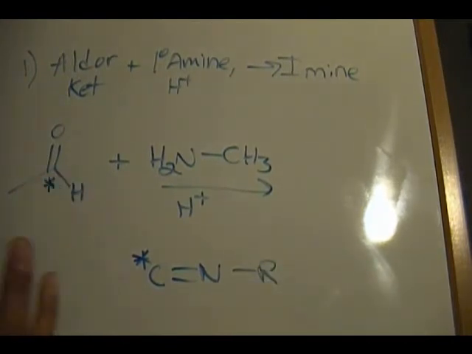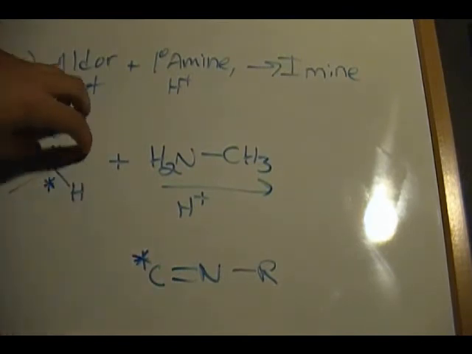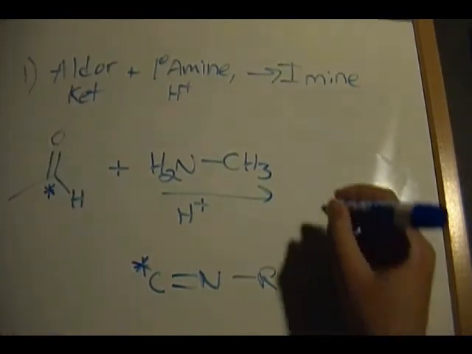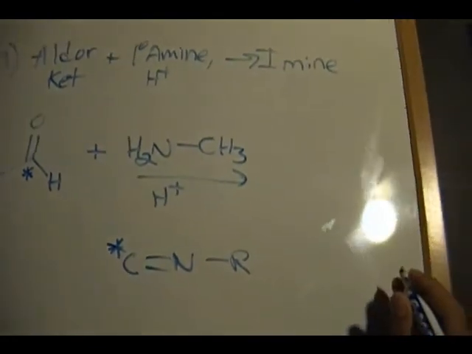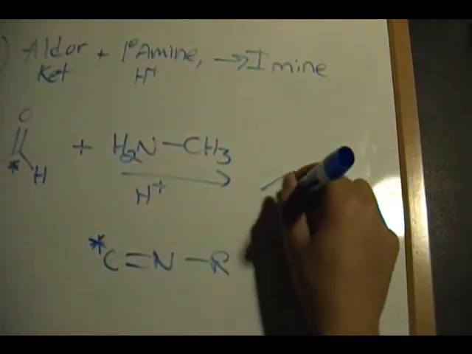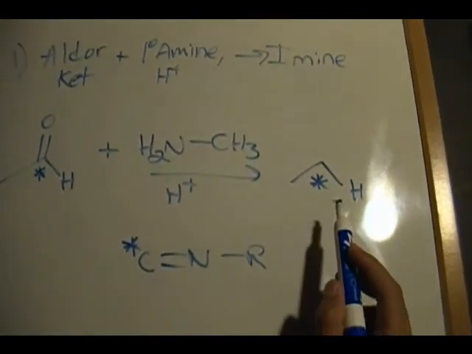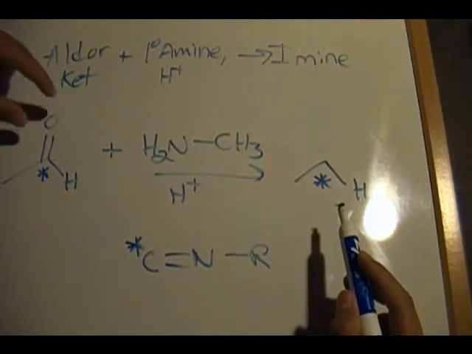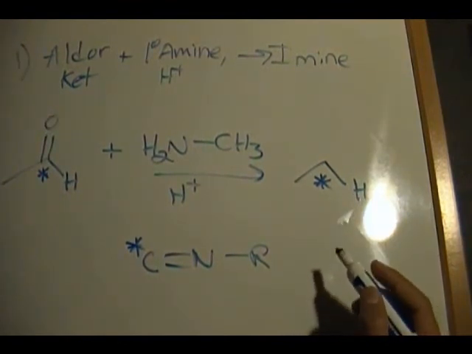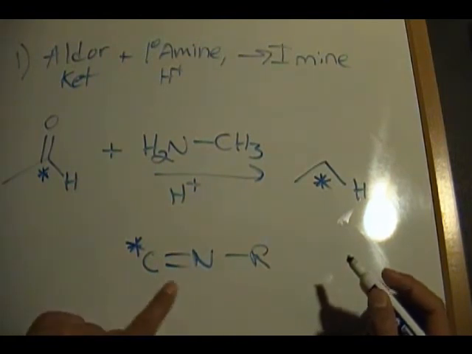What I first like to do when I want to draw the product is draw your starting material without the double bonded oxygen. So I'll draw it like this. Have your star carbon there. So that is your starting material without the double bonded O. Now what we will have is a double bonded nitrogen and the R group.